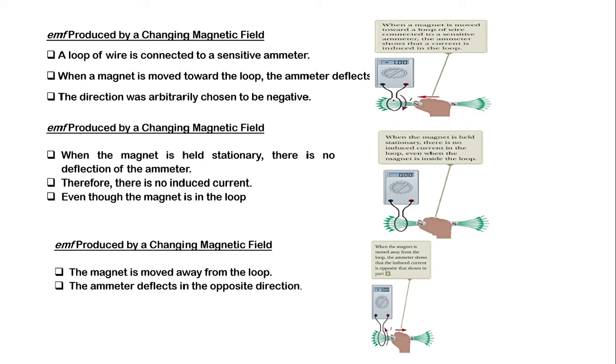So bila masukkan dalam ni ada current. Dia akan produce induced EMF. Ada B, ada I, current. Tapi kalau awak tak gerak, maksudnya dia tak ada change in B, magnetic field, so the value akan tak berubah. Tapi kalau awak bergerak balik to the opposite direction, baru dia akan menghasilkan balik induced EMF tu, sebab dia ada change in magnetic flux.